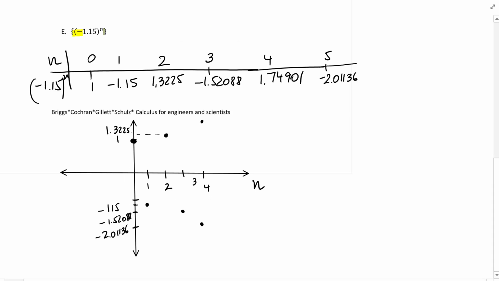So if we look at the problem, negative 1.15 to the n, I gave values to n, and I plotted the points, and we noticed that for odd numbers we have negative values, and for even numbers we have positive values, but they are increasing in magnitude, and so they are basically diverging. This one is going that way and this one is decreasing. So basically this one diverges.